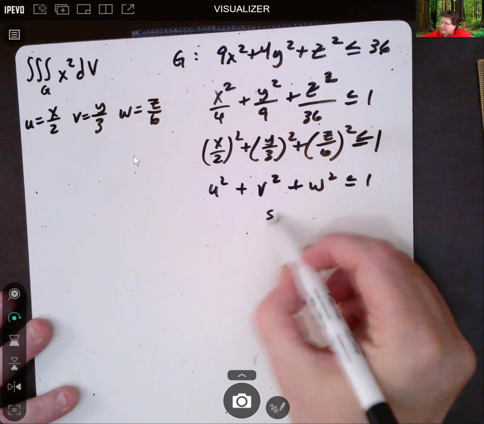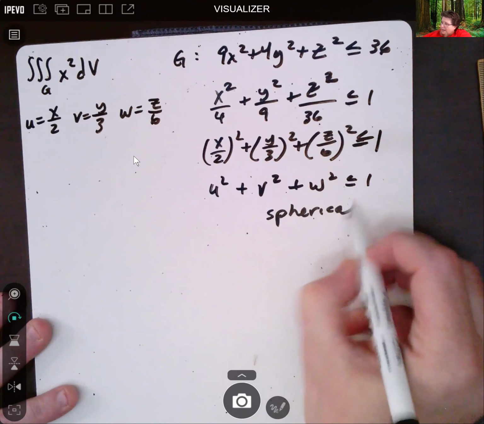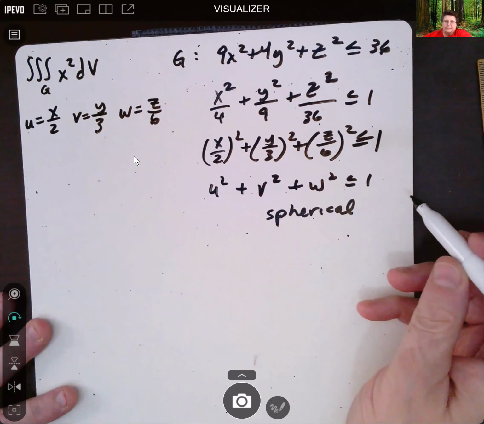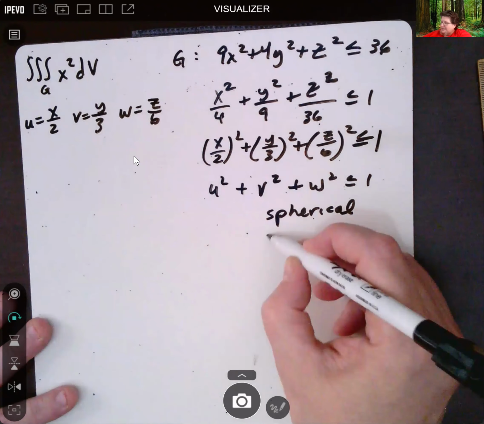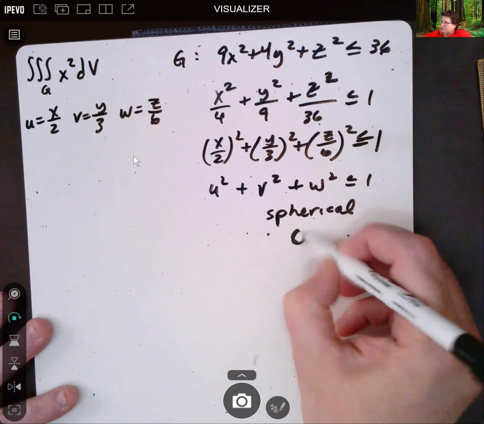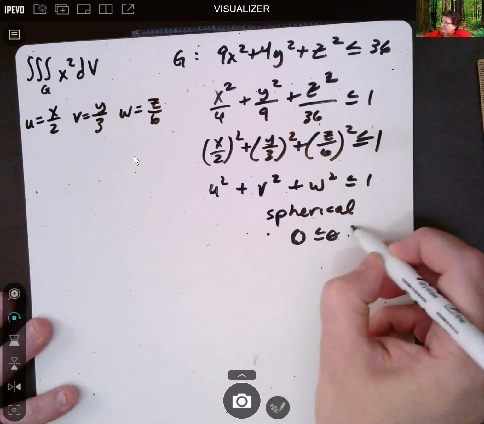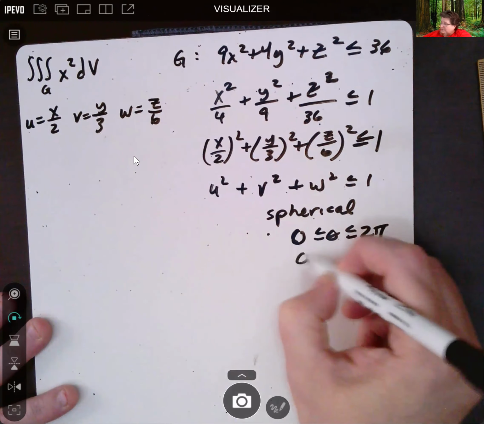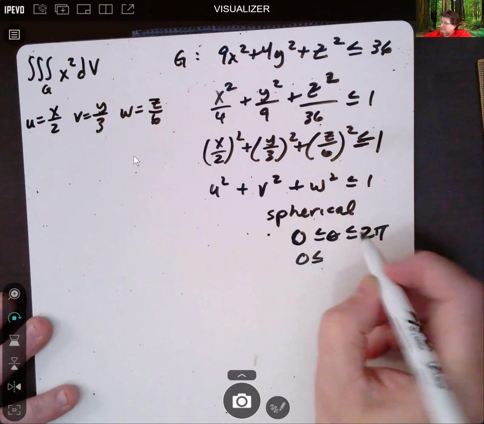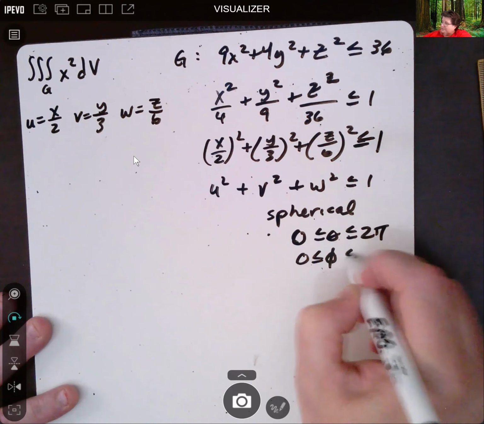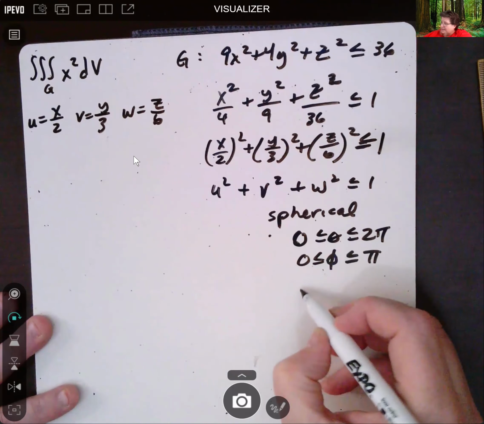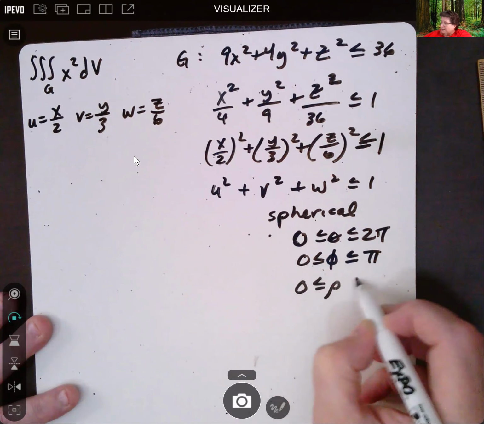So here I can go into spherical, and the boundary conditions are really easy in spherical. We've got 0 to 2 pi for theta. It's a full circle. So 0 to pi for phi, and then rho goes from 0 to 1.